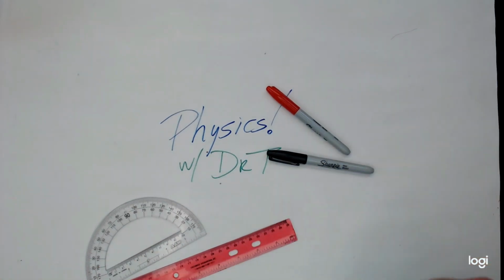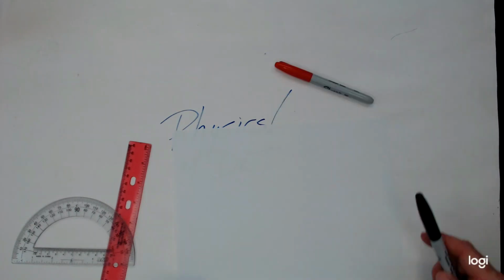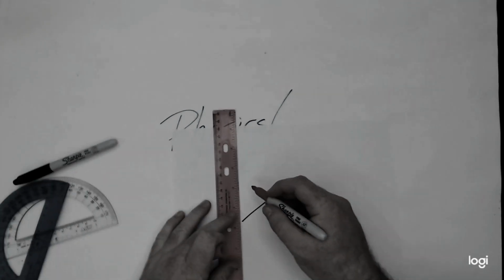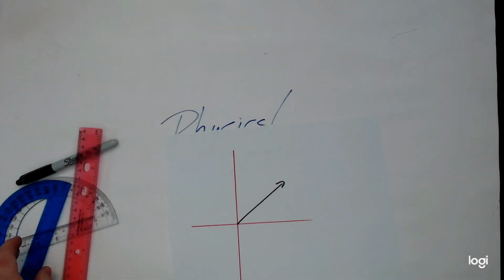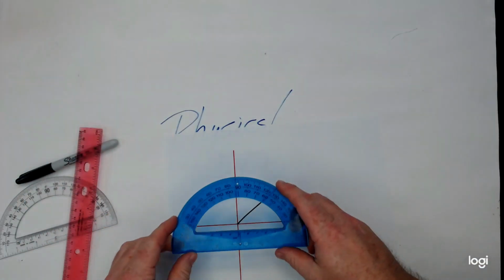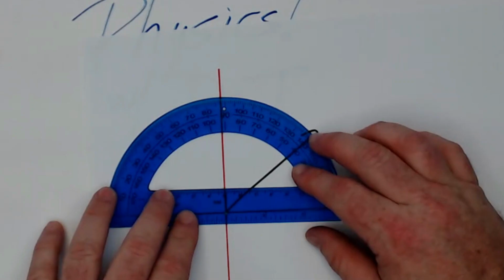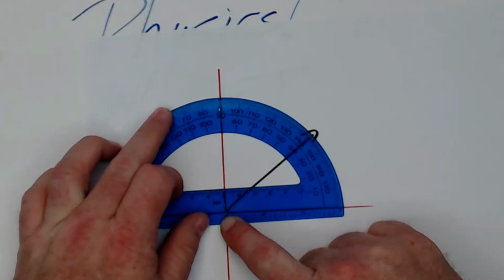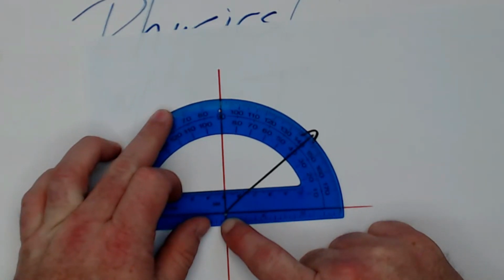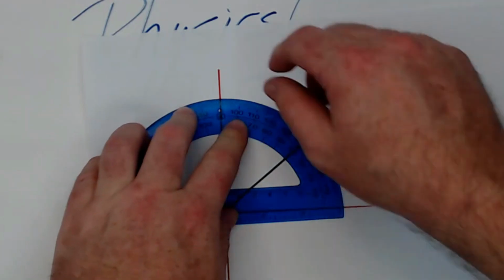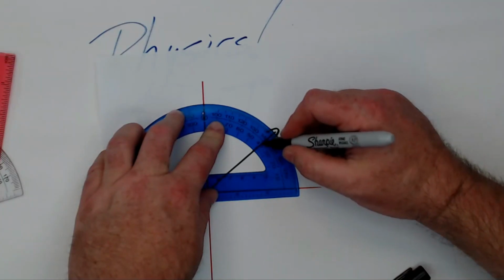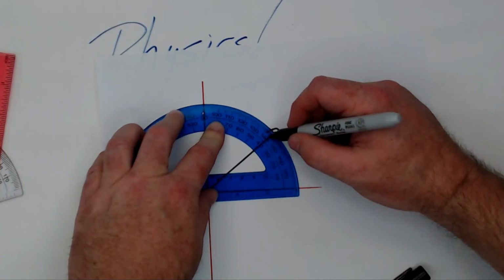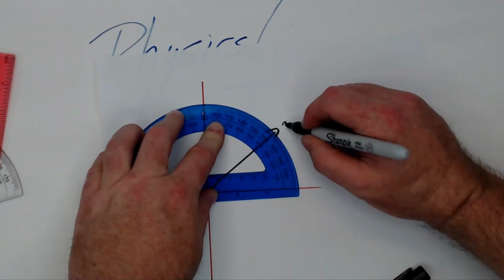So let's take a quick look. Let's say somebody measures this vector. You take your protractor, set your center point right at that intersection. You see this is aligned poorly, so we'll fix that. And you would measure this to be, sorry, you've got to look at the inside track. So this measures 10, 20, 30, 40, about 39 degrees.